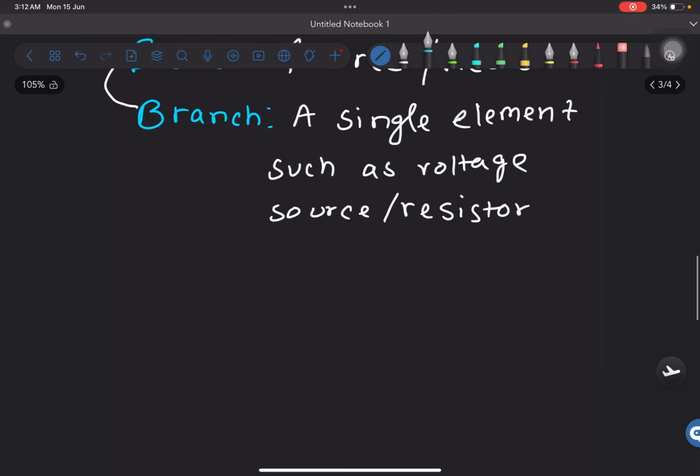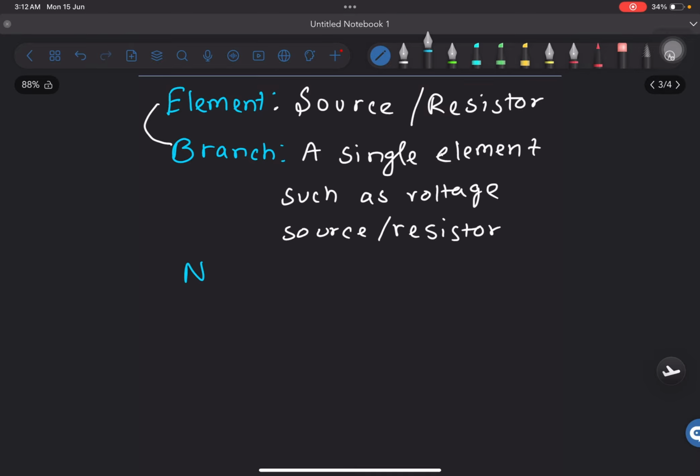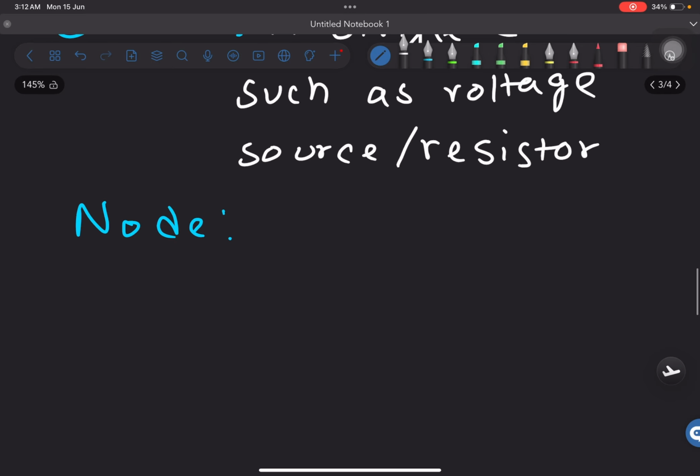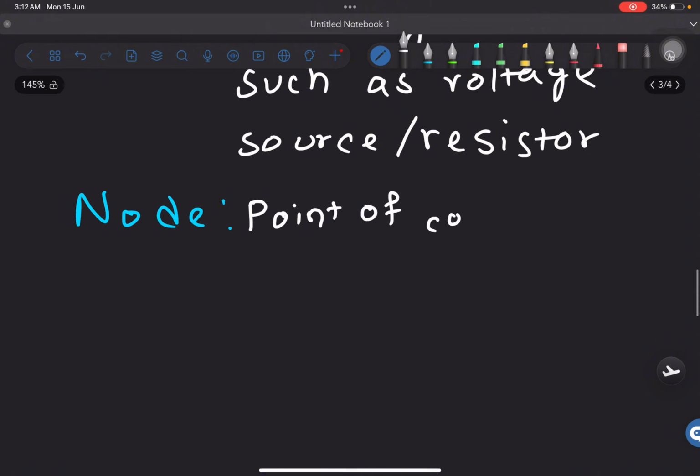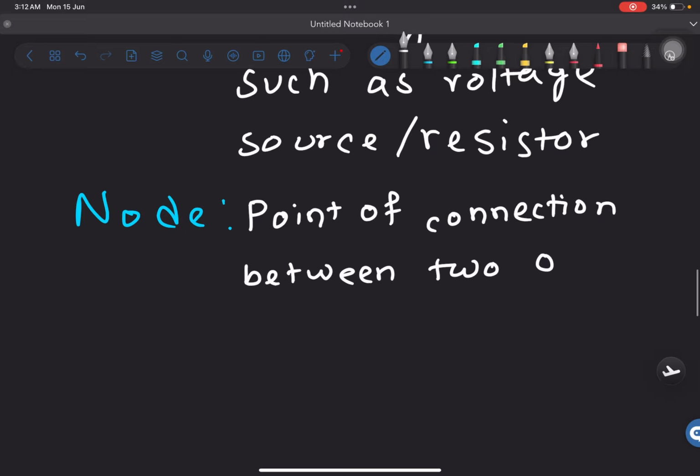For now, that is almost the basic knowledge that you need. Last thing is node. What is node? Node is the point of connection between 2 or more branches.